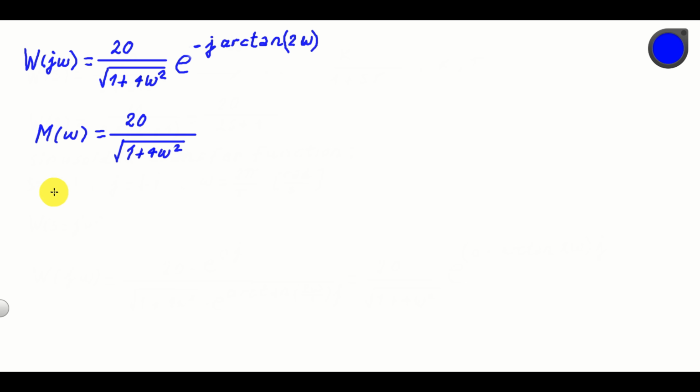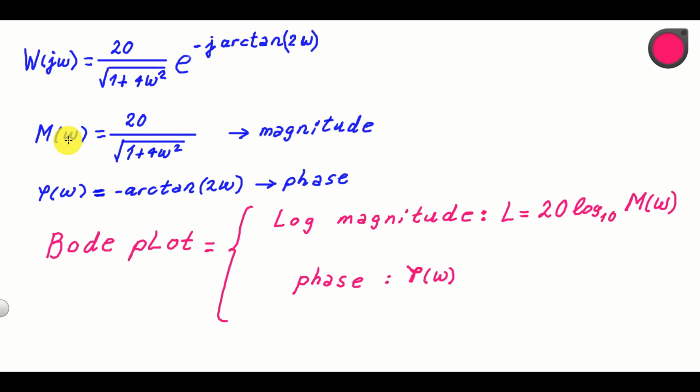And we have the phase. The phase is usually denoted like this, phi of omega, or phi, however you like to pronounce this Greek letter, and it's equal to minus arctan of 2 omega. To summarize, M of omega is our magnitude and phi of omega is our phase.